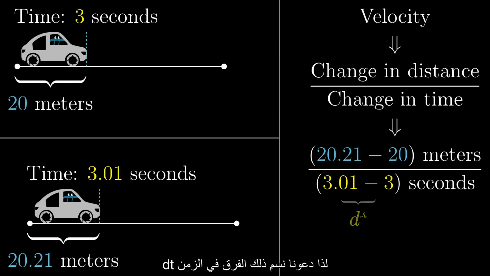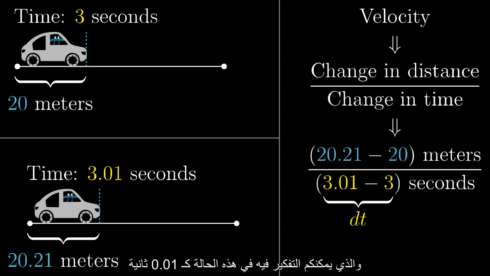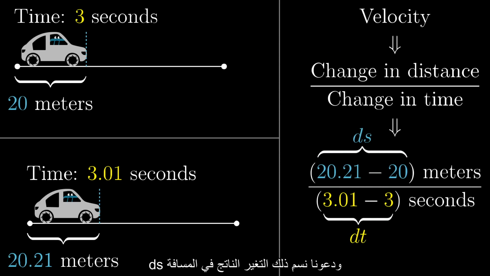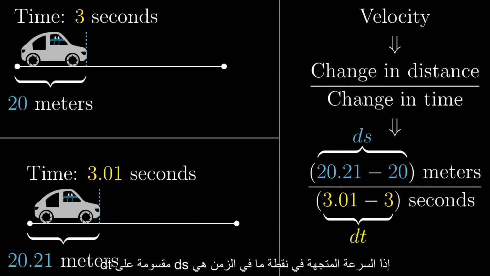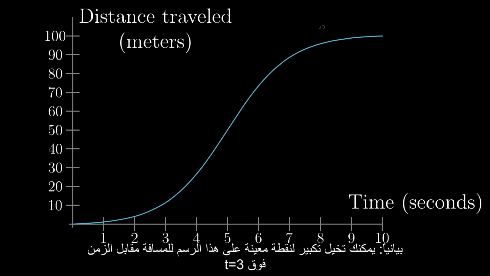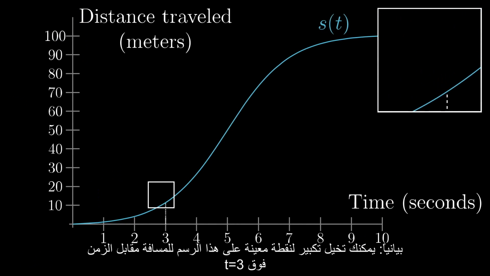So let's call that difference in time dt, which you might think of in this case as 0.01 seconds, and let's call that resulting difference in distance ds. So the velocity at some point in time is ds divided by dt, the tiny change in distance over the tiny change in time. Graphically, you can imagine zooming in on some point of this distance versus time graph above t equals 3.